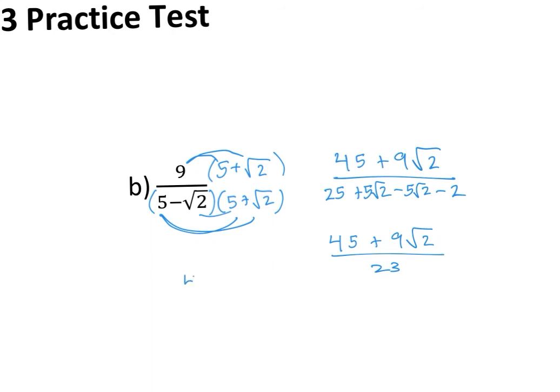Now, if you really want to break that up, you can. In this case, it doesn't matter as much as it does with the imaginary numbers. So I'm not really too concerned about that. But there you go if you want to see it either way. That is rationalizing our denominator.